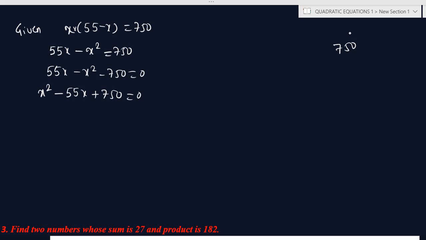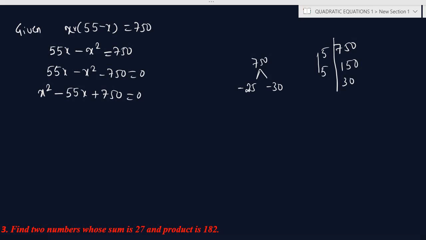How to split this 750? 5 ones are 5, 5 fives are 25, and 25 into 30 is 750. So minus 25 and minus 30, the sum is minus 55.